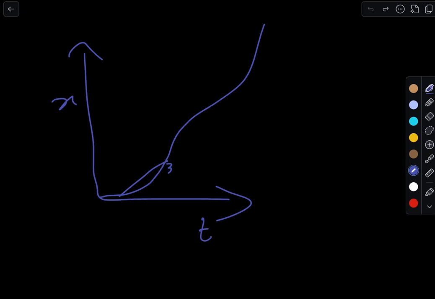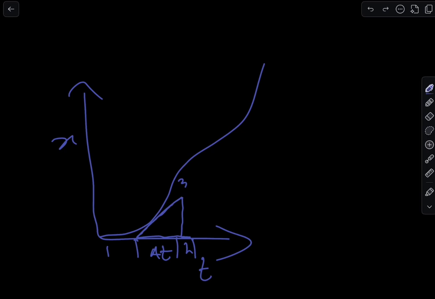So from here we are just finding the slope. But in the example above, we were just changing this chord into a smaller chord, till at one point it was a tangent. It only touched the curve at a single point. That's what differentiation did.